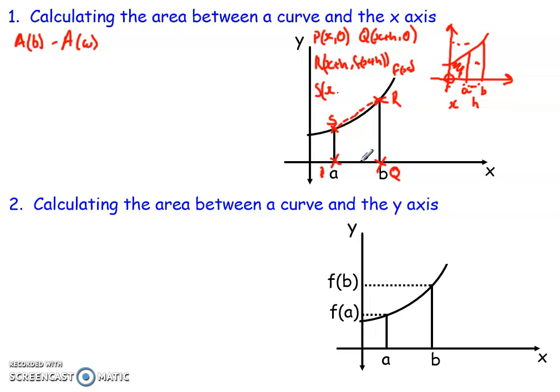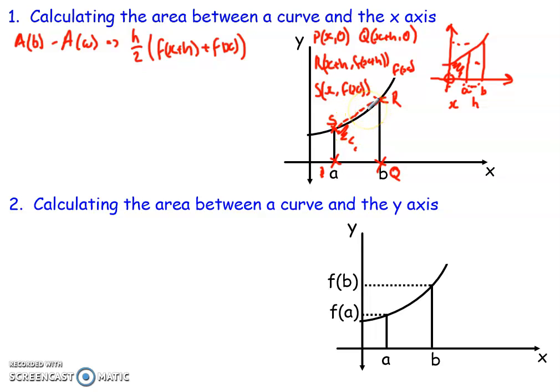Now we can use the formula for the area of a trapezium to calculate what would roughly be the area of this one. So my area would be the equivalent of h over 2, bracket f of x plus h, plus f of x. So that there would be this rough area here. Now, of course it's going to have an error.